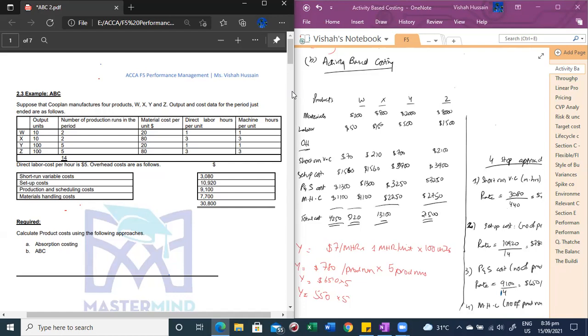Now, the short run variable cost was 3080. I am just writing it as VC. The basis that I'm going to use for it is machine hours. Why? Because previously in absorption costing, I took the assumption that the majority of my overheads are being incurred because of machine hours, which is why I used machine hours to compute the overhead absorption rate, right?